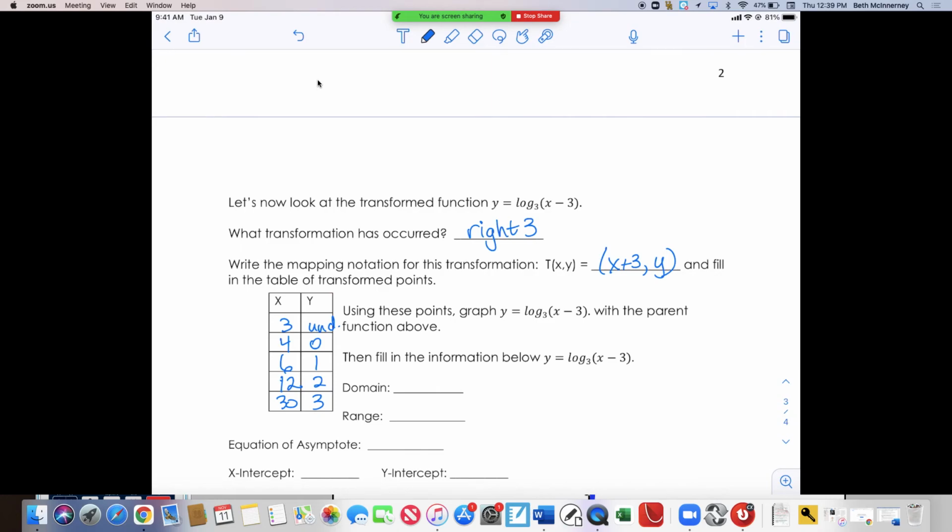All right, the domain, okay, let's write ourselves a note. A left-right shift changes your vertical asymptote and domain. Let's write this down to help us out. A left-right shift changes the vertical asymptote and the domain.